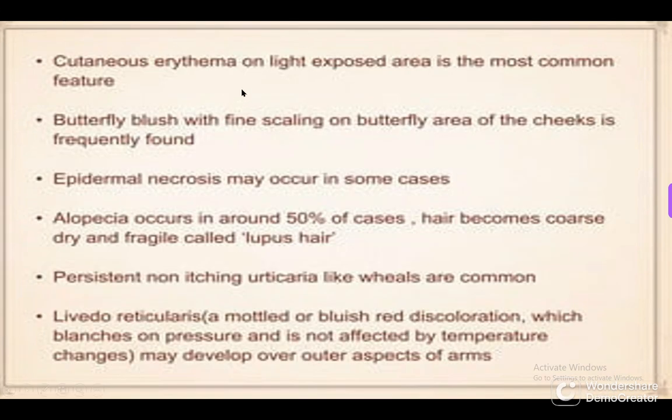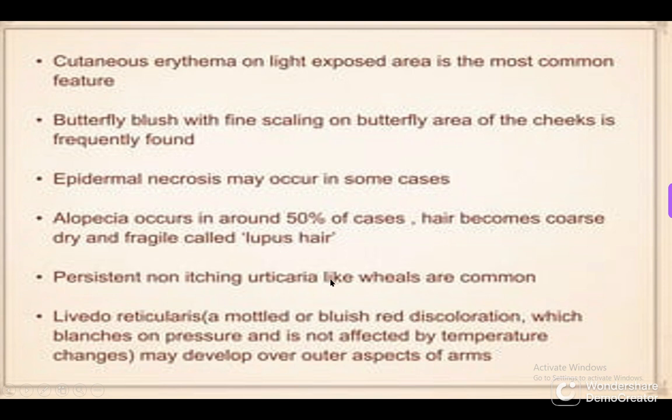Now, cutaneous erythema on light-exposed areas is the most common feature, that is photosensitivity rash. Butterfly blush with a fine scaling on the butterfly area of the cheeks is frequently found, and epidermal necrosis may occur in some cases. Alopecia occurs in about 50% of the cases. Hair becomes coarse, dry, and fragile, called lupus hair.